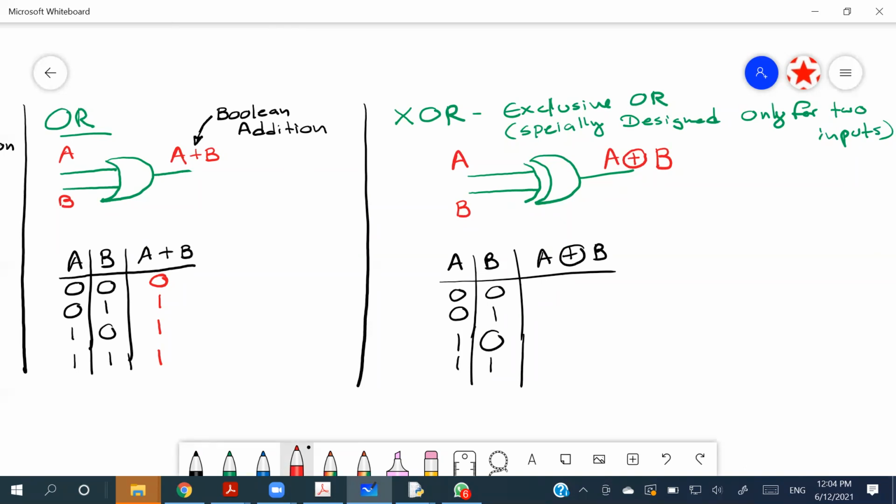When the inputs are identical, this produces a 0. And when the inputs are not identical, it produces 1. That you have to remember, right? When inputs are identical, it's producing zeros. When they are not, it produces 1.